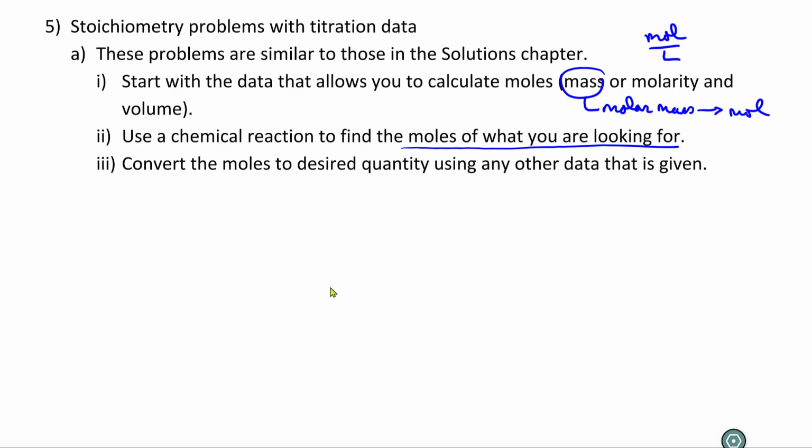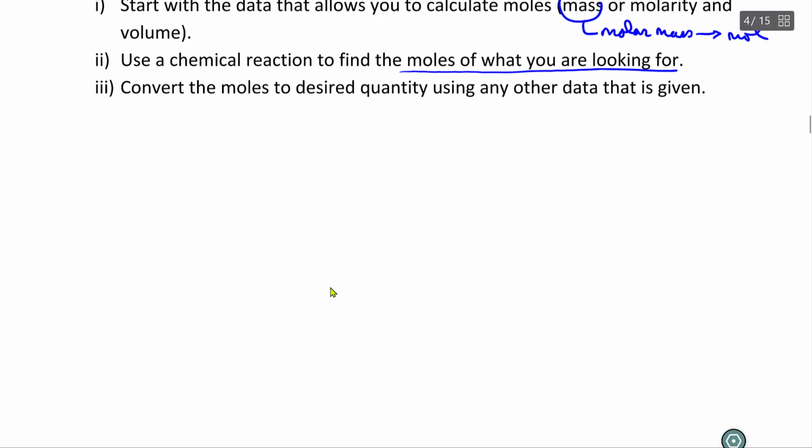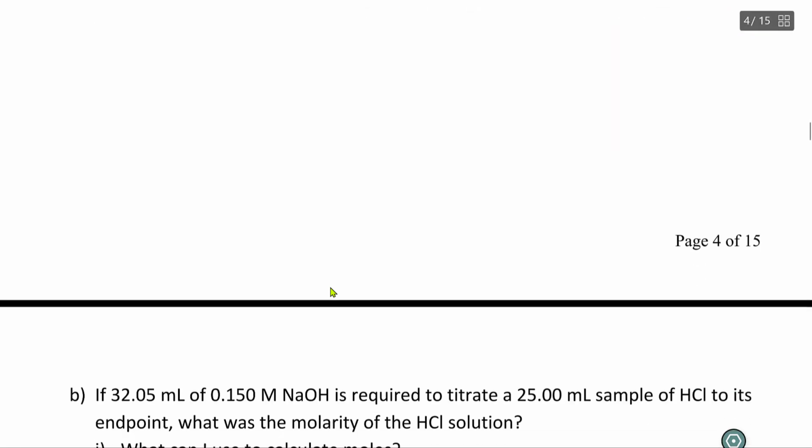But sometimes for things that are not acid-base, you'll have to write the chemical reactions. And finally, once you have the moles of what you're looking for, there are a lot of other quantities you can calculate. You can calculate molarity. You can calculate molar mass if you have the mass of a sample, for example of an unknown, and you didn't have the molar mass. You could calculate it if you had the mass and the moles of the substance. So there are a lot of variations, and I'm going to show you a couple of those now.